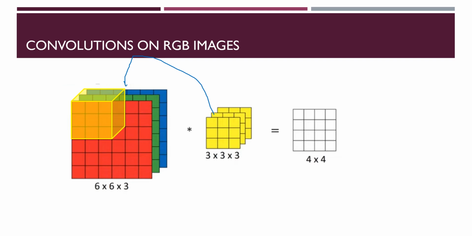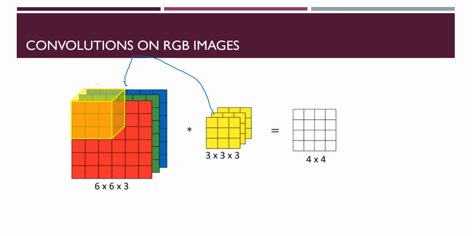So we apply this 3D filter over the image. So how do you apply it? You perform the same operation, that is you do the multiplications of each of these weights with the pixel values. For the red channel, you do that multiplication. The second filter you take, you apply it on the green channel, and the third channel filter you take, you apply it on the blue channel, and you perform those multiplications.